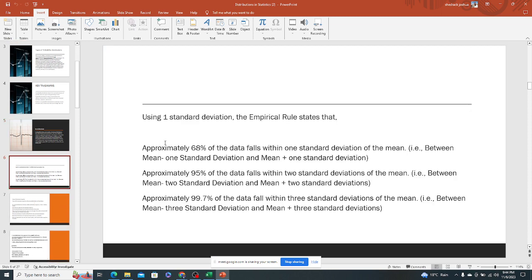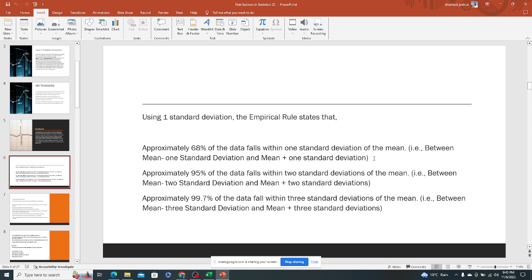Of course, the bell has some empirical rules. Approximately 68% of the data falls within one standard deviation of the mean, that is, between the mean and one standard deviation.